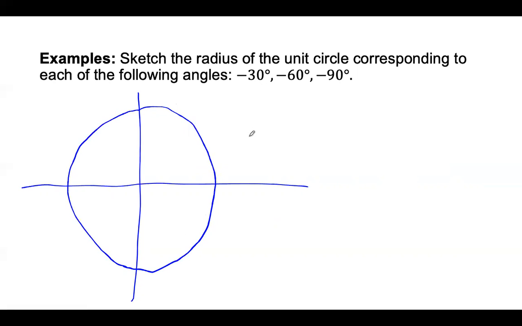So -30 degrees, what direction do you think this goes in? Right, so it just goes down here. You start, of course, where you always start, pointing to this axis. And imagine 1, 1, -1, -1. So -30 would just go downwards.